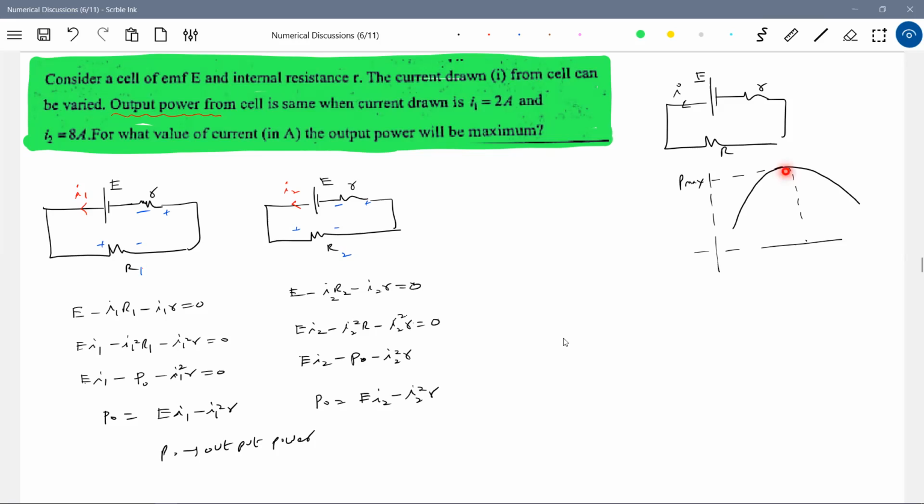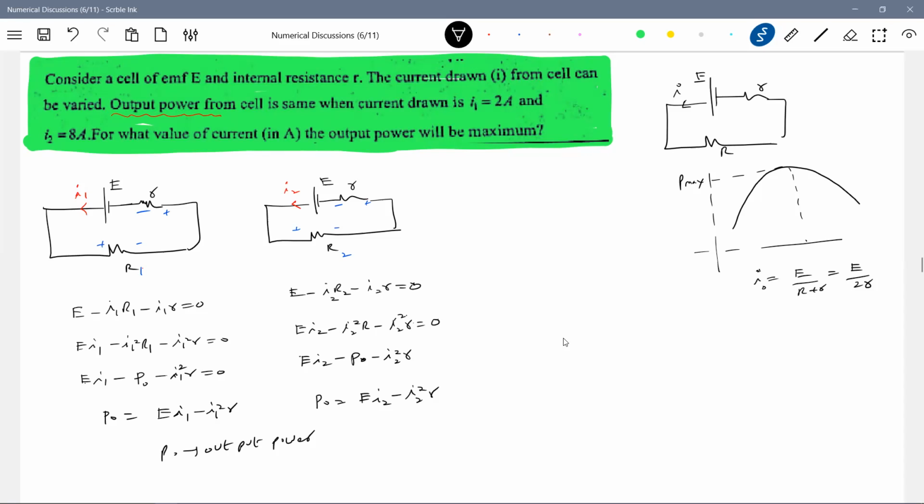No, this is the maximum power. So when the power delivered by the source to the load is maximum, these two resistances are equal. Then what is the formula for that? What is the load current? I should be equal to E by R plus R, or E by 2R. This is I naught, we will call this current.